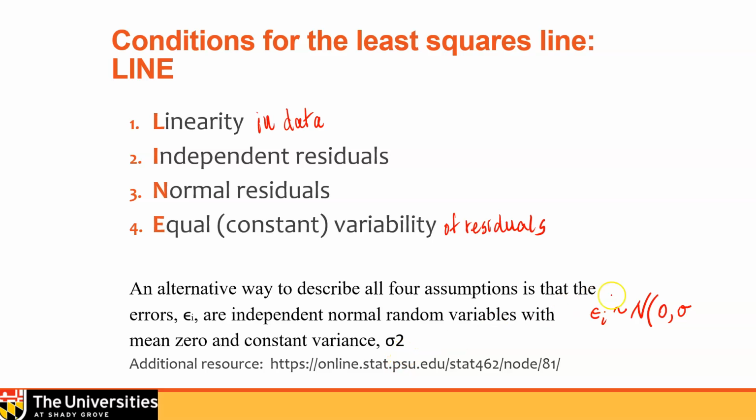Sigma squared is the variance, and sigma is the standard deviation, as you might remember from our normal distribution. I'm going to put a line through that so we know that's a 0. There's a little bit more information describing all of this in more technical detail at the website that you see here.